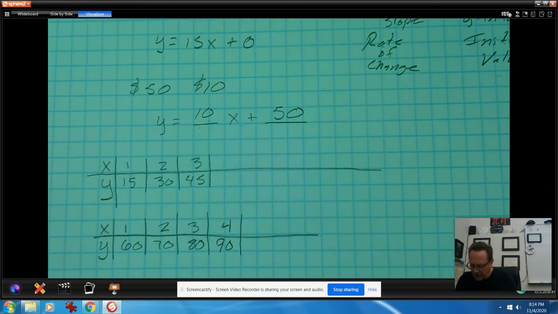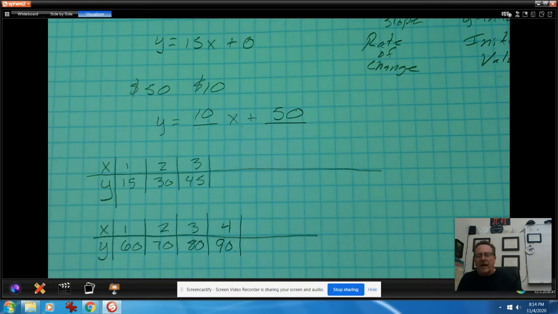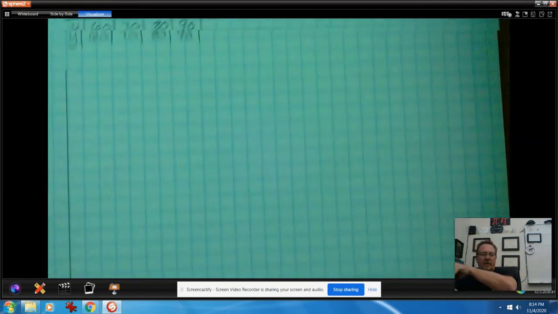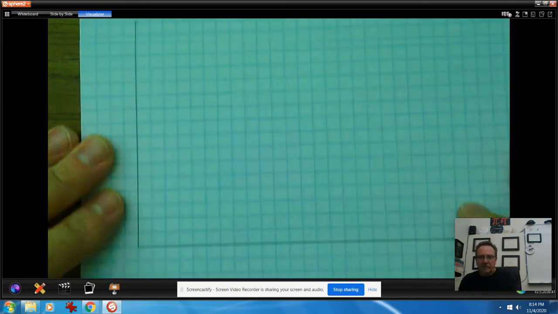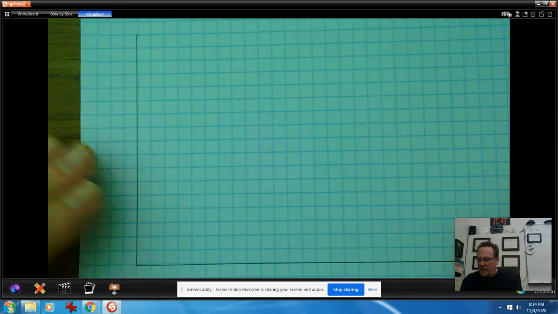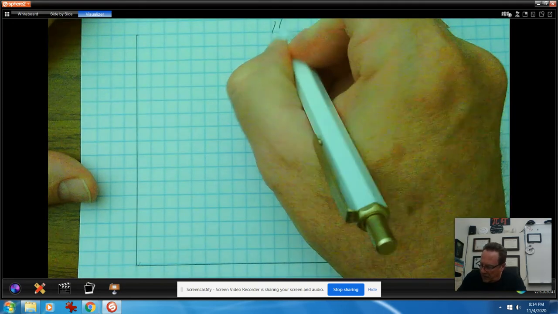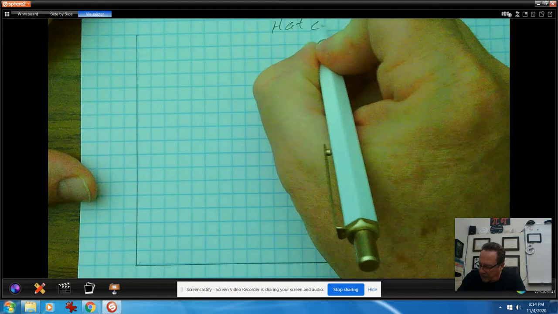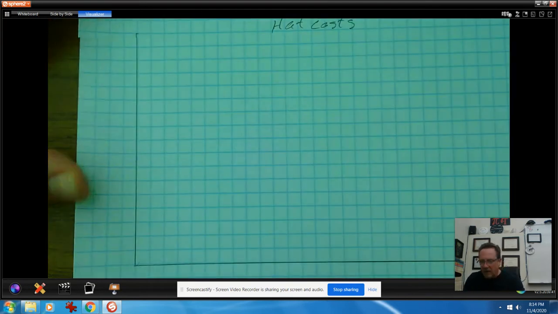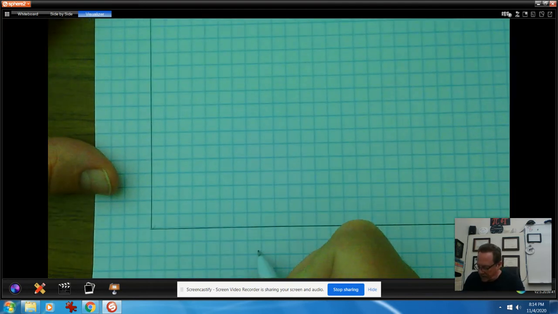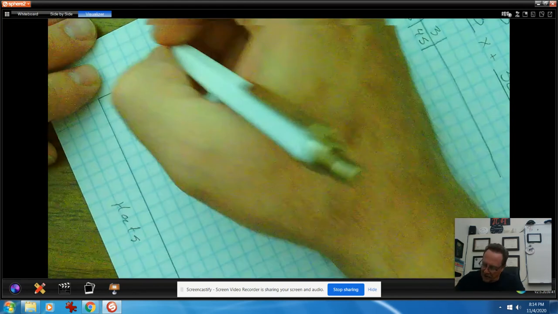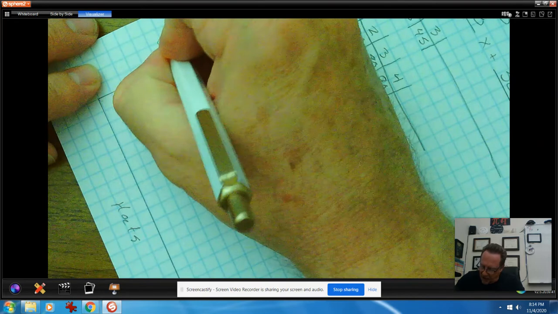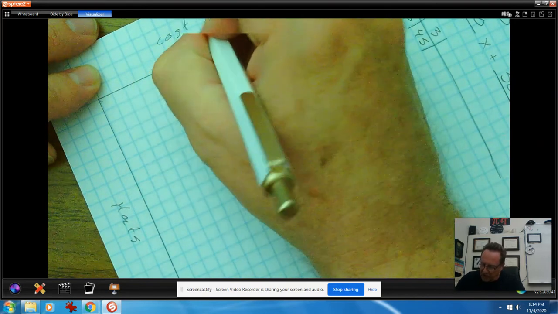Whenever I make graphs, I use a straight edge to make my lines. And we should give this a label. I'm going to call it hat costs. And the axis down here is going to be the number of hats. And the axis on the side is going to be our cost. And this is in dollars.